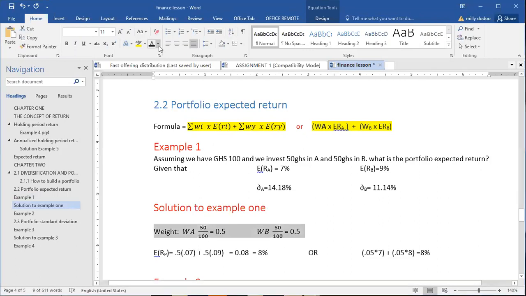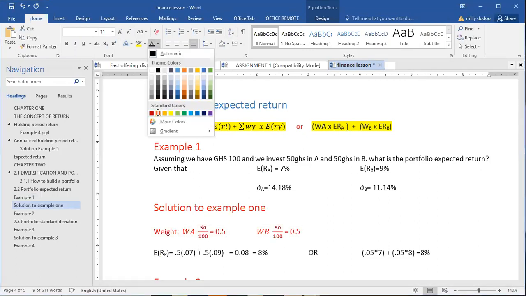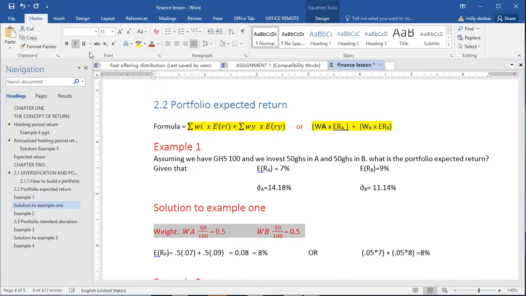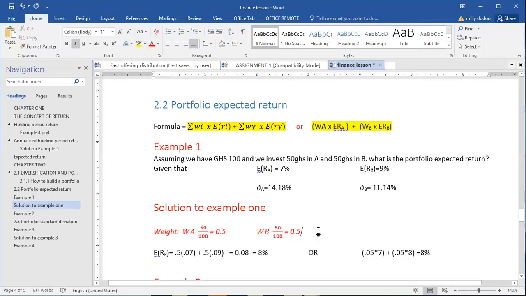So when they give you a portfolio question and the weight is missing, ladies and gentlemen, you can't do it. You must always identify the weight before you can solve the question. If you are unable to identify the weight, you cannot solve the question.